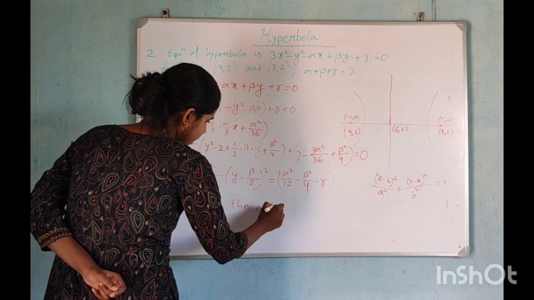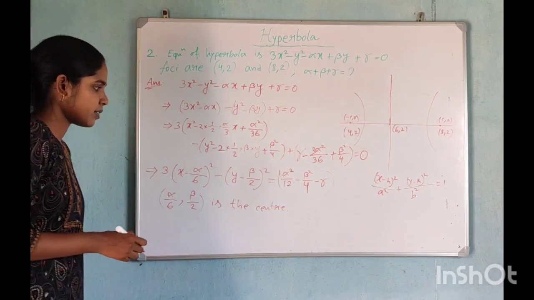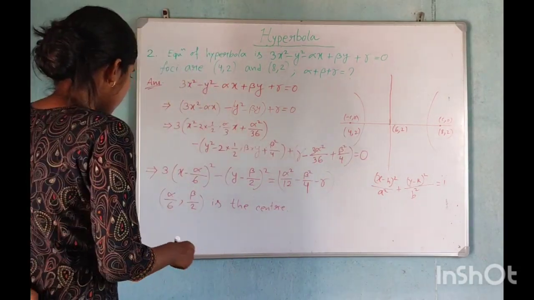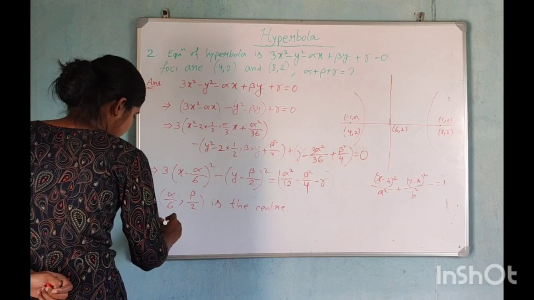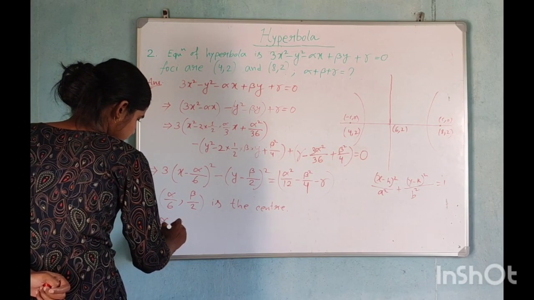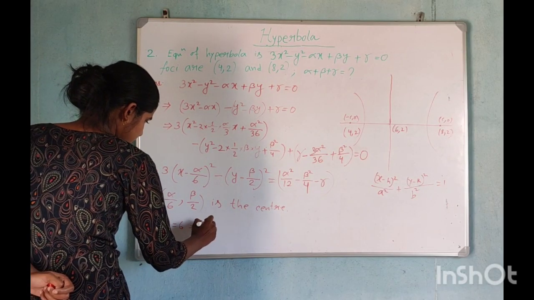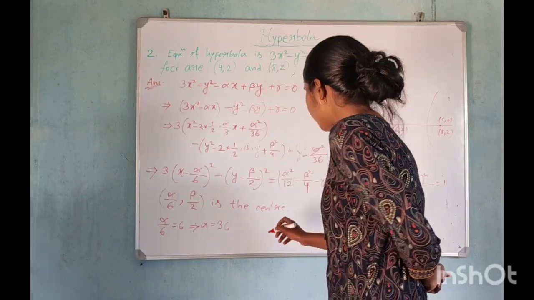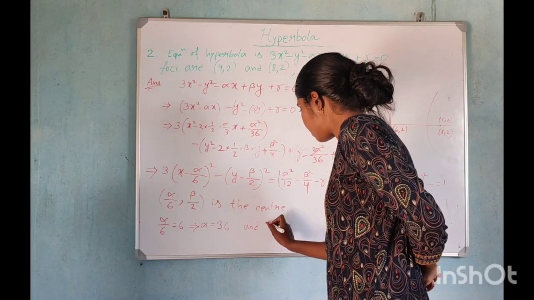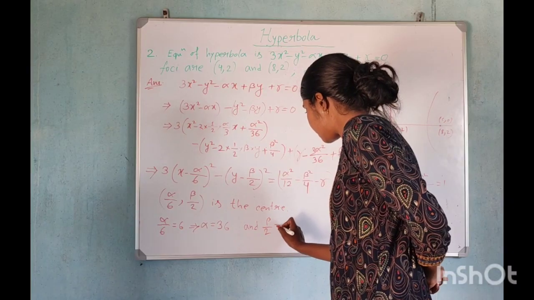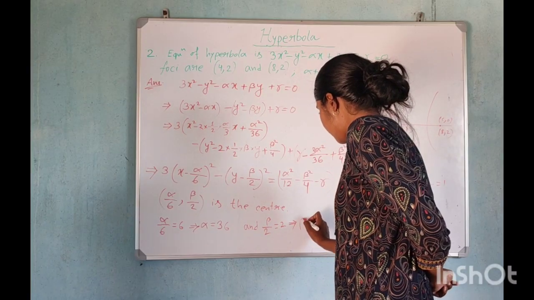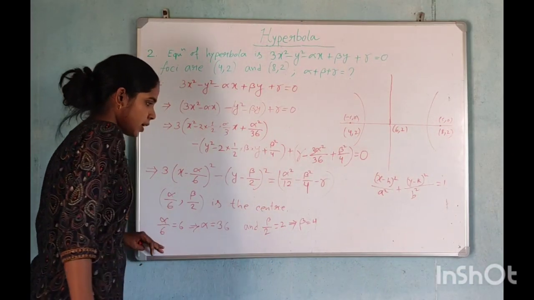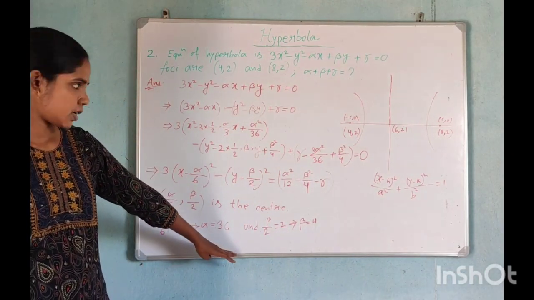Now we have already derived the center coordinate, it is 6 comma 2. So alpha by 6 equal to 6, which implies alpha equal to 36, and beta by 2 equal to 2, so that means beta equal to 4. Okay. So we got the value of alpha and beta.